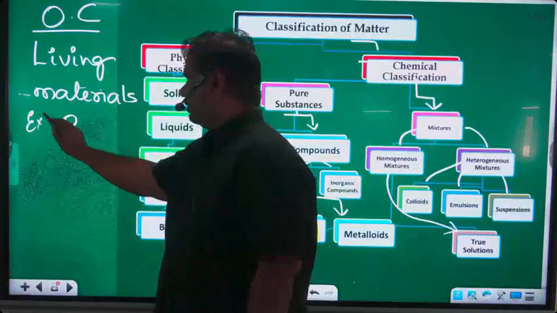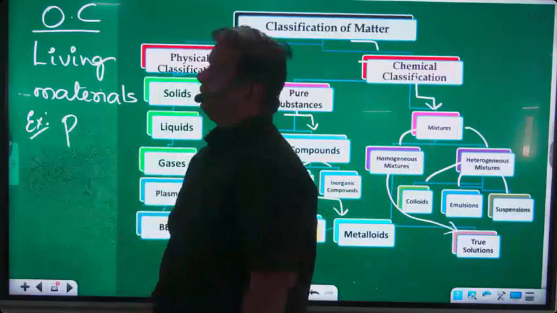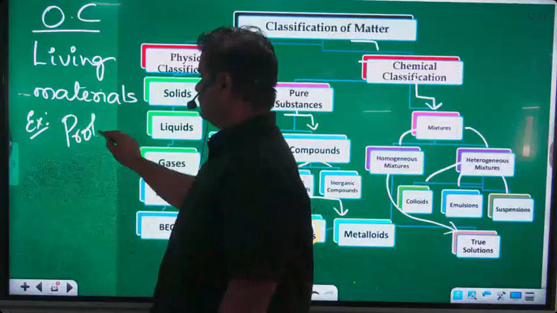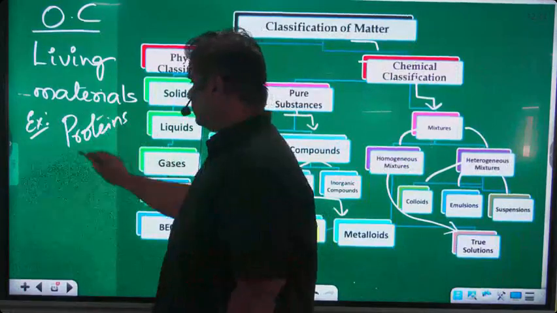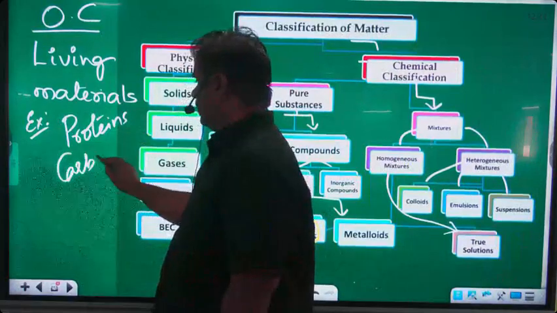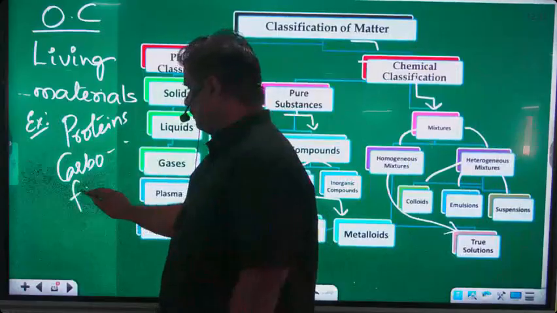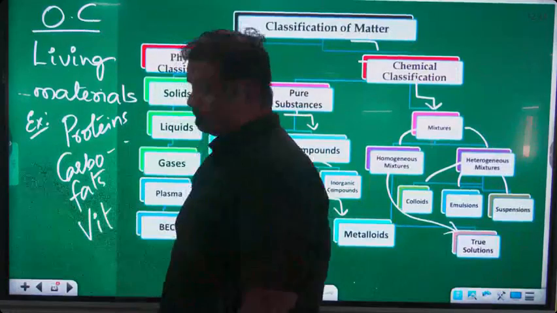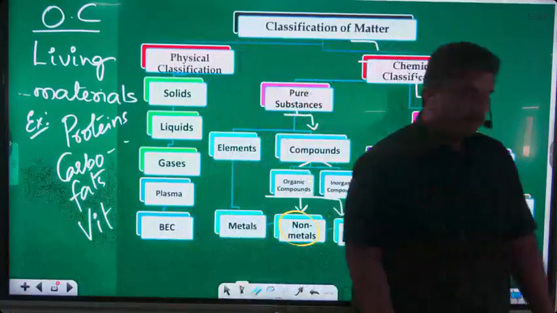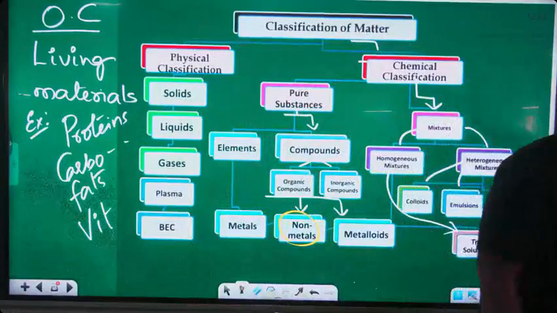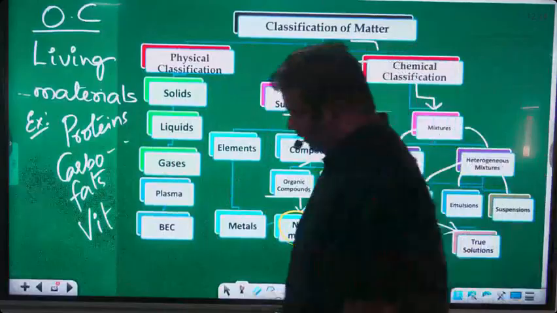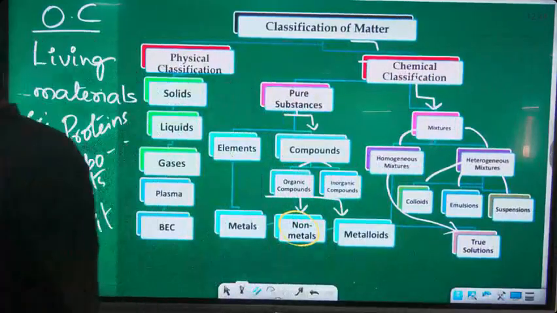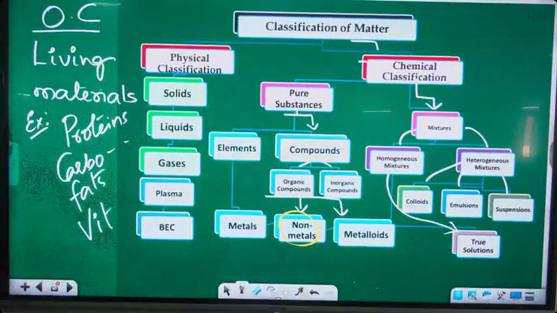Examples for organic compounds. What are the examples? Proteins are examples. Again, carbohydrates, fats, and then vitamins. Ivanni kuda all these things you are obtaining from living materials. So we call them as organic compounds ani antam.